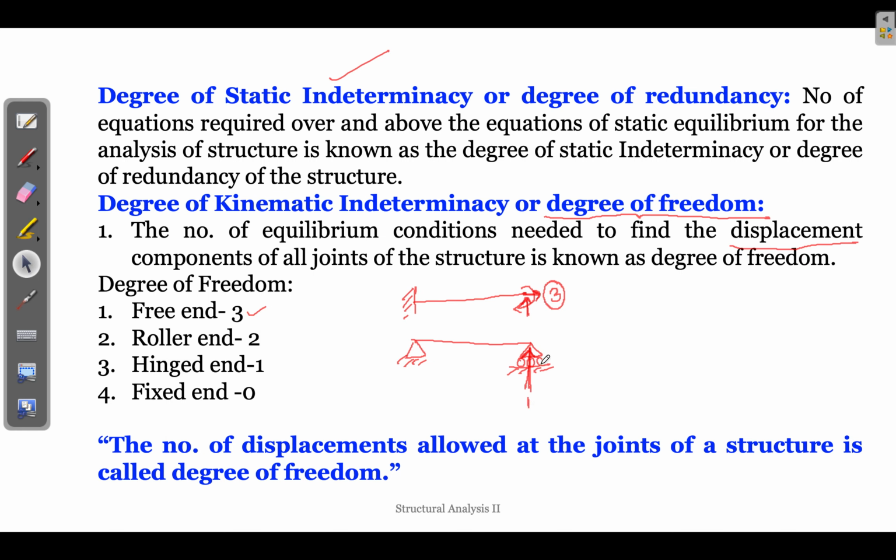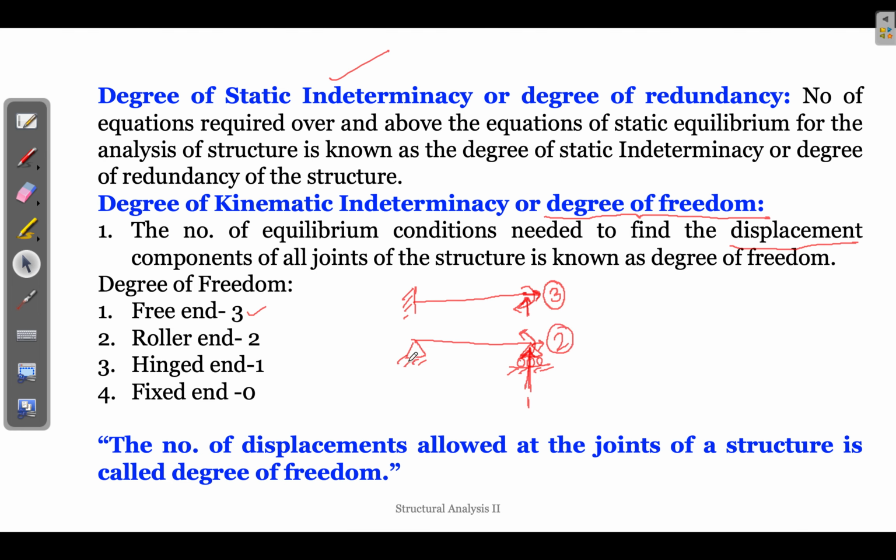I am trying to tell you that the roller support is capable of taking a vertical reaction, but it is free to move in the horizontal direction, or it can also have a rotation. So the roller end will have 2 degrees of freedom.